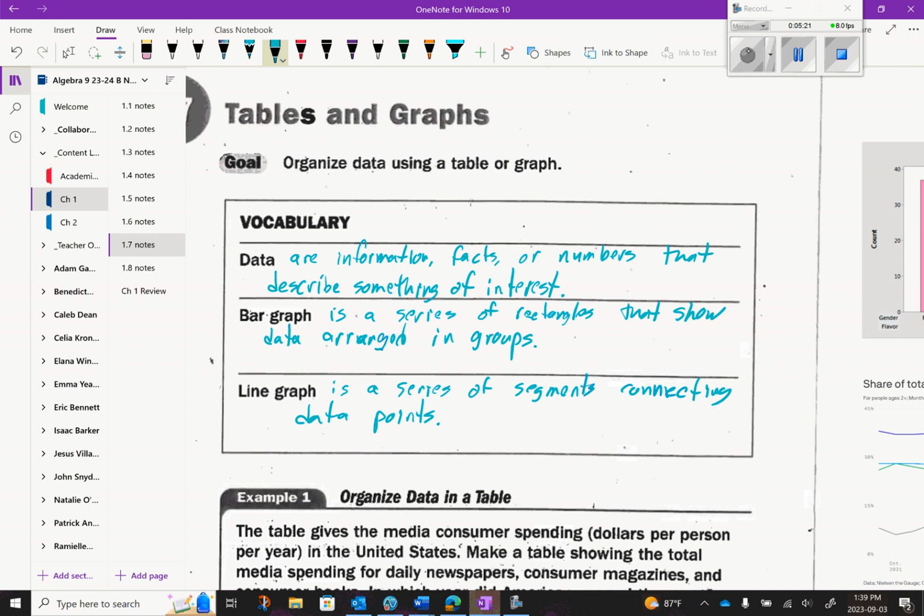So we're going to plot individual points from the data, and then basically we're going to play connect the dots.